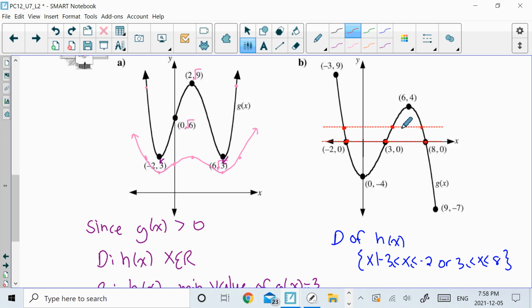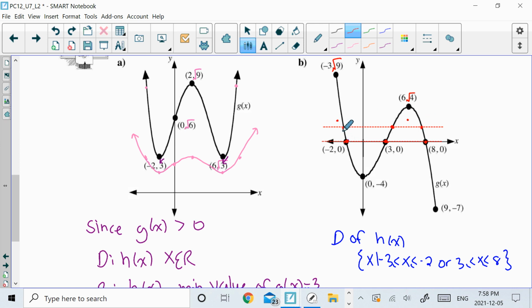They actually give us nice points to find the graph of the radical function, because the graph of the radical function is going to go through 6, 2, because the square root of 4 is 2. And then here, it's going to go through -3, because the square root of 9 is 3.